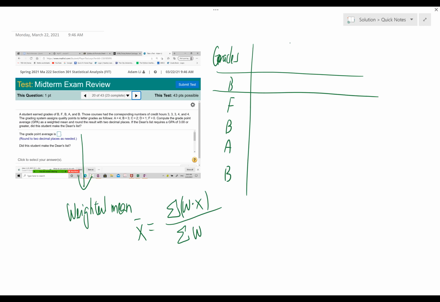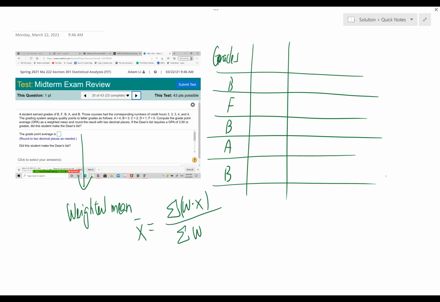Based on each course grade, we have a quality point, and the quality point here is the X values. So B is 3 points, F is 0 points, B is 3 points, A is 4 points, and again B is 3 points.